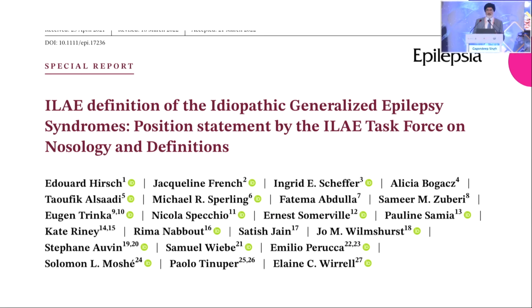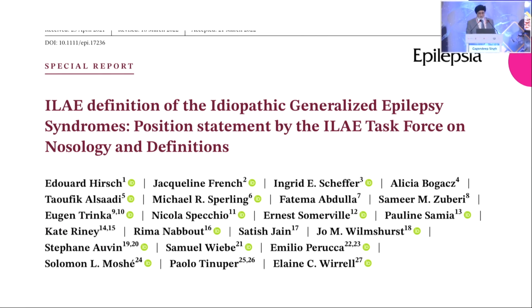Everyone thought that genetics is here, and since genetics is here, it's going to make a huge impact on diagnosis, on treatment, and everything. So we should call it genetic generalized epilepsy. But somehow the term idiopathic generalized epilepsy stuck and is still used, and the term genetic generalized epilepsy is becoming more and more unpopular.